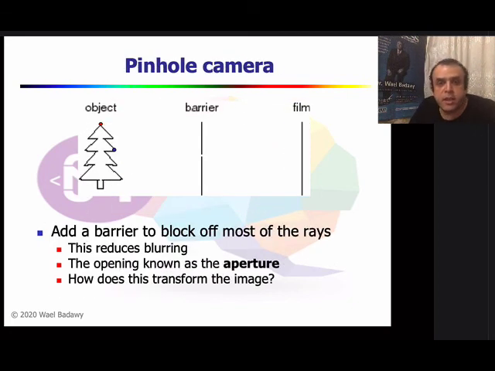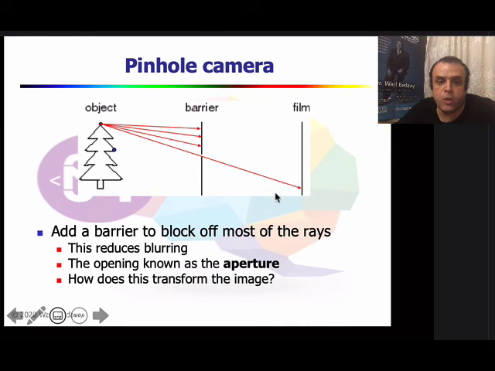We can achieve such a thing, if we move to the next slide, under the title of pinhole camera. In a pinhole camera, we can reduce the blurring by having a barrier, and the barrier will be a small pinhole. It's basically a small hole, and this hole will focus the information coming from the object to the film. It will reduce the blurring, and the size of the hole itself we call the aperture.